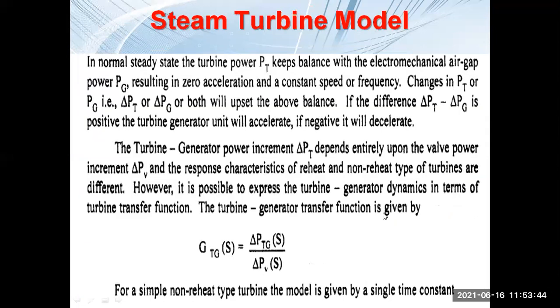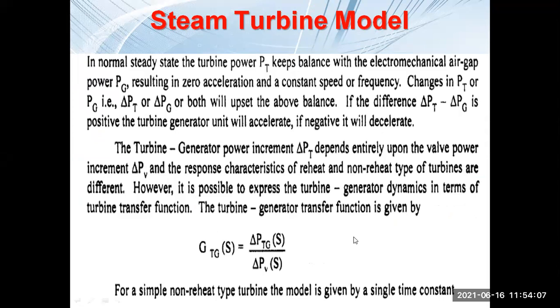delta Fs. So now the next thing is the steam turbine model. Now in the steam turbine model, in normal steady state, the turbine power PT keeps balance with the electromechanical area. Here some description is written so you can understand later on.